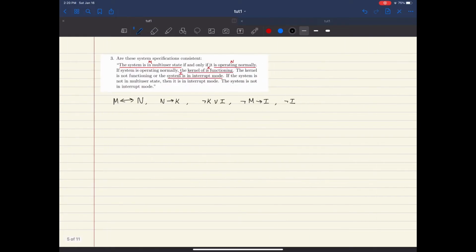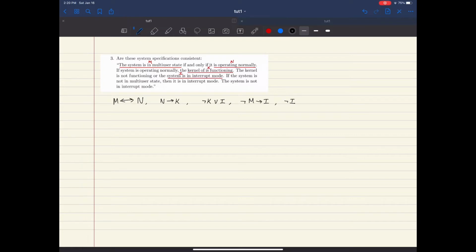Moving over to the next problem, we are asked, are these system specifications consistent? The first line is the system is in multi-user state if and only if it is operating normally. So if and only if is a biconditional, which means M biconditional N. The second line is if the system is operating normally, the kernel is functioning.